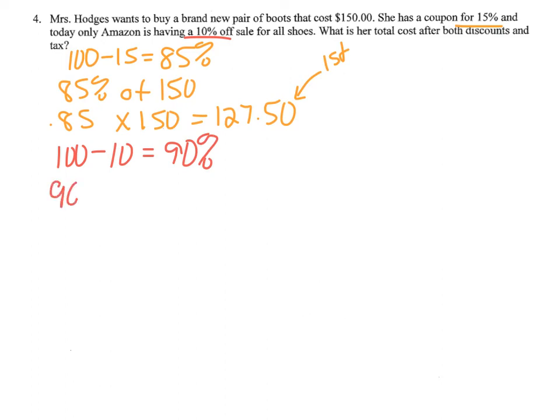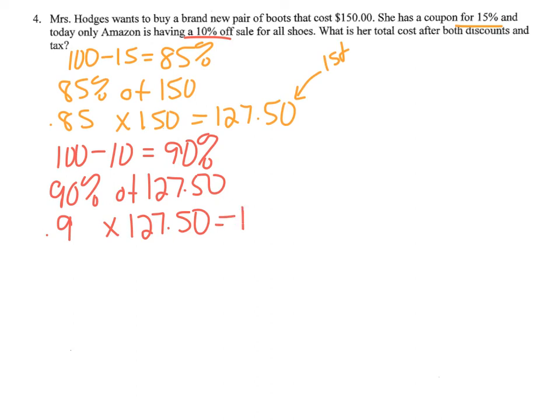So we need to know what 90% of $127.50 is. So translating to a decimal, 90% is 0.9. Of means times 127.50. So 0.9 times 127.50 is $114.75. So this is the price after the second discount.